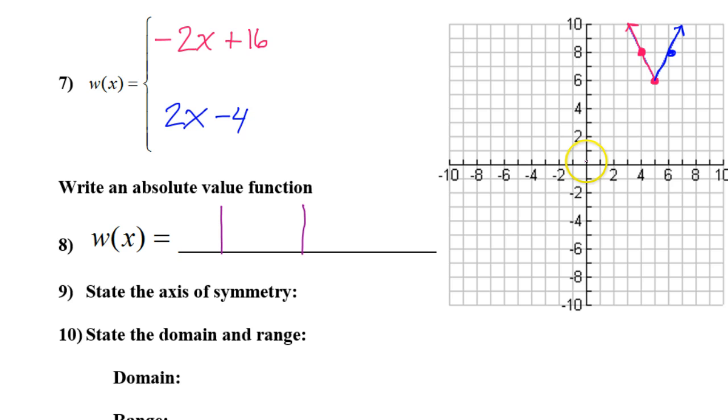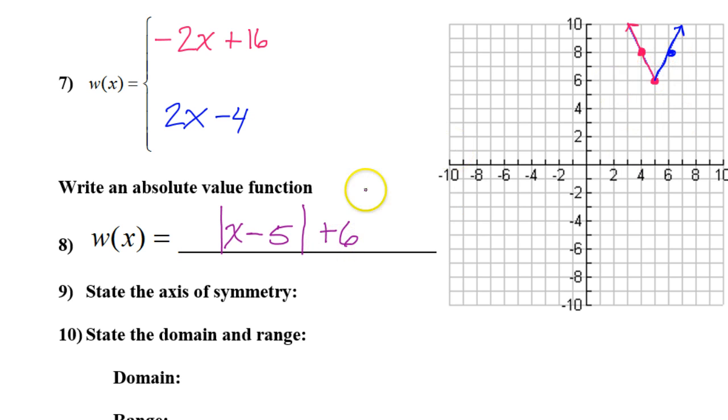Whereas the parent function started at the origin, this has shifted right 5 and up 6. So inside is where the left-right motion happens. If I want to go right 5, I need x minus 5 in here. It's the opposite of what it looks like. If I want to go up 6, I need a plus 6 on the end. This one works like normal.